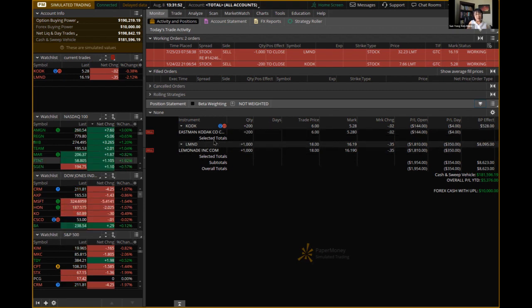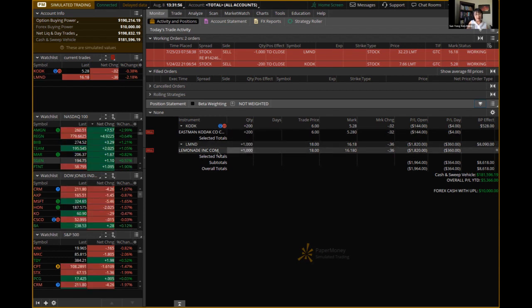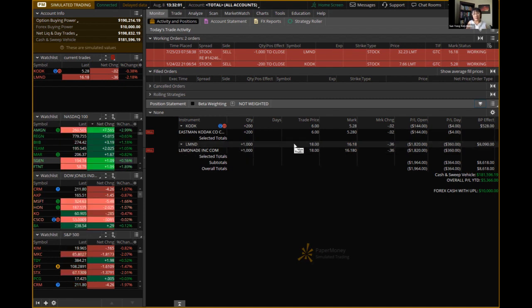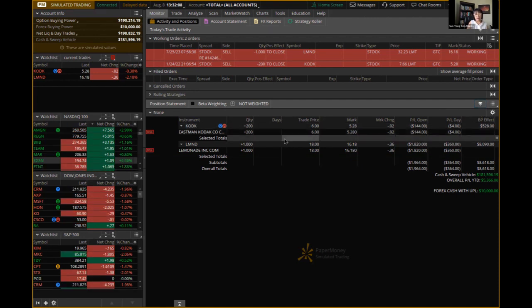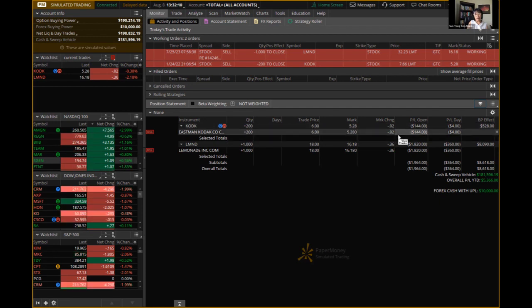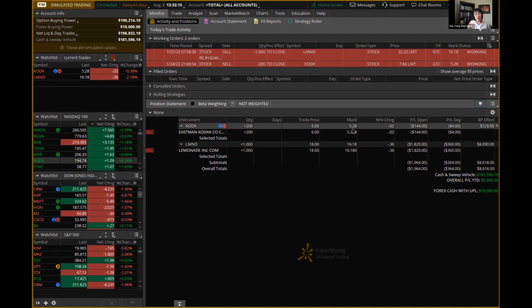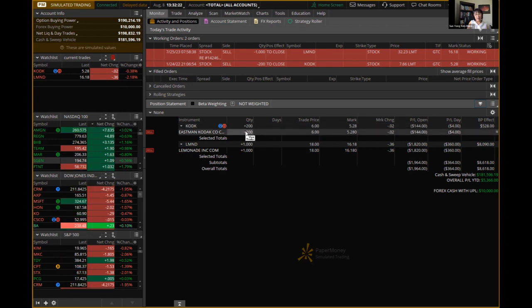It explains what the name is, Eastman Kodak Company. Okay. This is LMND. It stands for Lemonade Incorporated. So when you click on this arrow right there, you could see all the details. So right now, I'm losing money because the current market price right here is 5.28, and I paid $6 per share, and I bought 2 contracts, and so that's why I'm losing 144.